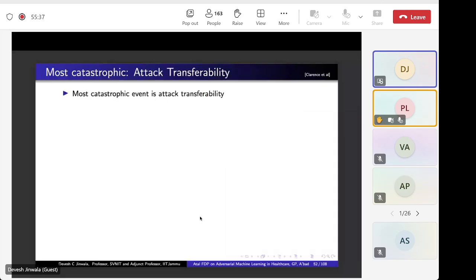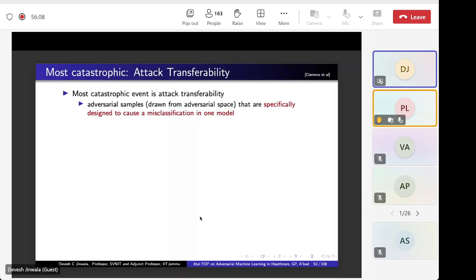There is one more related concept, and that is attack transferability, which is more catastrophic. I'm saying it is more dangerous. Why? Because if the adversary is able to learn from attacks which occur on a particular model, and is able to successfully transfer them to some other application or other model because the data characteristics are similar, then that is even more dangerous, because even if you safeguard that other model carefully, the adversary is going to be successful.